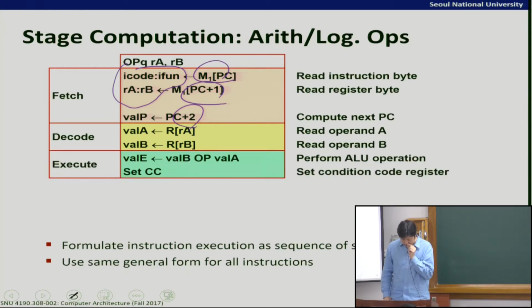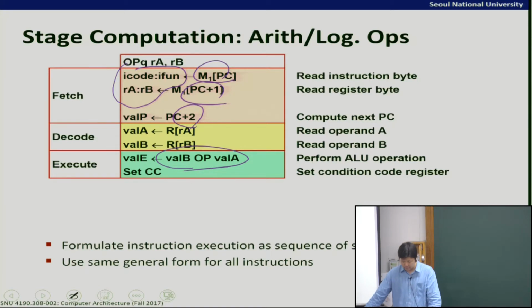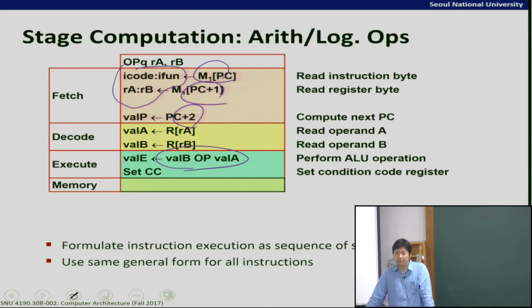In the execute stage, you actually perform the computation: you compute valB op valA, and let's say the result is valE. Here E stands for the value produced in the execute stage. You also set the condition code register as a result of this computation. In the memory stage, as I said, nothing is done.